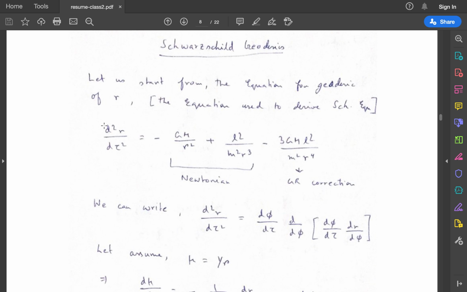This is given by d²r/dτ² equal to minus GM/r² plus L²/(m²r³) minus 3GML²/(m²r⁴). The first is the purely Newtonian term.